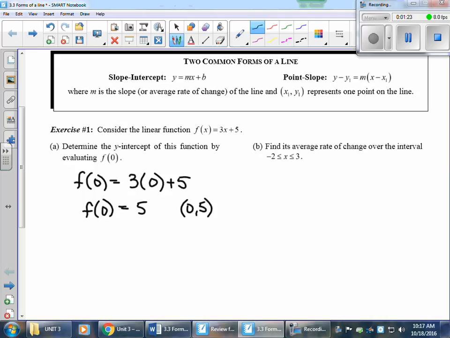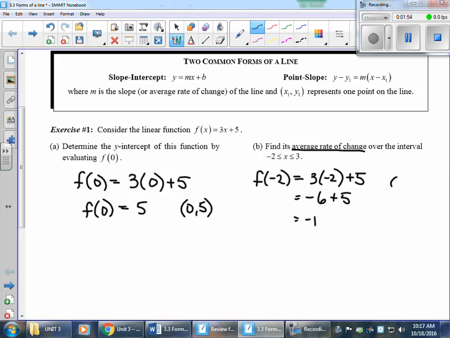All right, so find its average rate of change over the interval between -2 and 3. What we need to do is find the slope, right? Average rate of change is the slope. So we're going to do f of -2. f of -2 is 3 times -2 plus 5, which is -6 plus 5, which is -1.